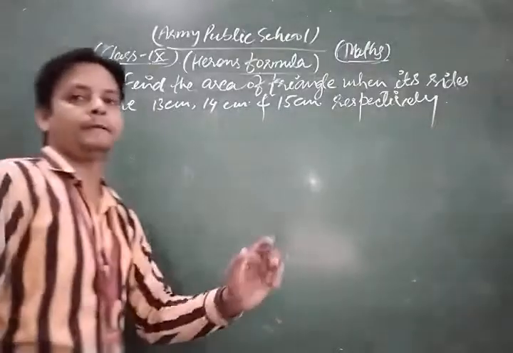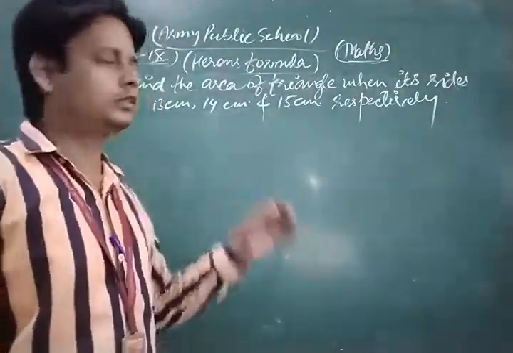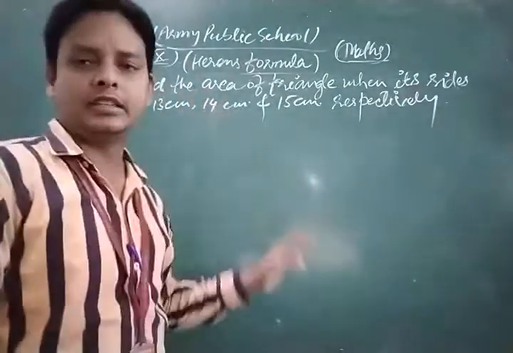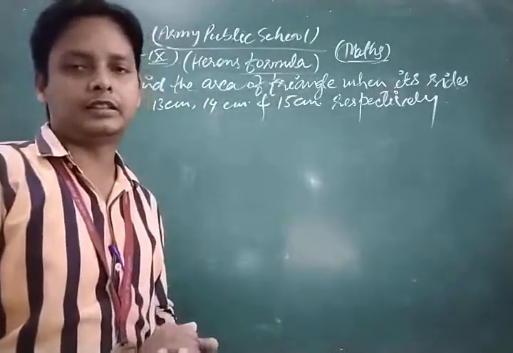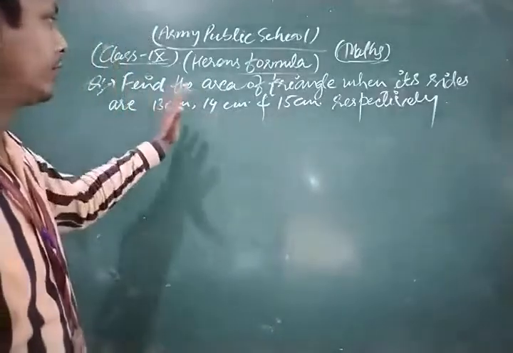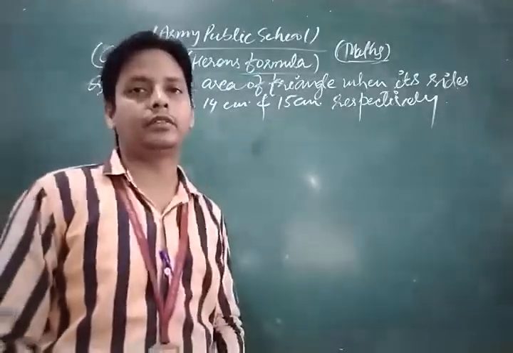So now look here. For this question, all three sides of the triangle are given as 13 centimeter, 14 centimeter, and 15 centimeter, and we find the area of the triangle.